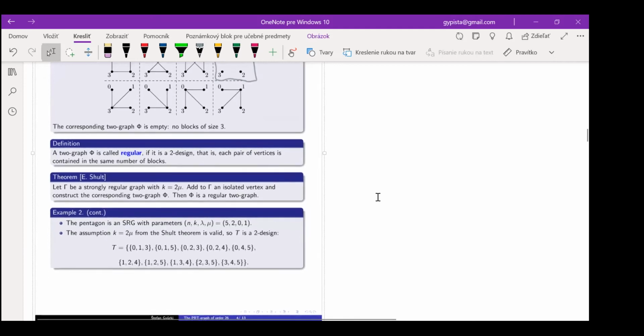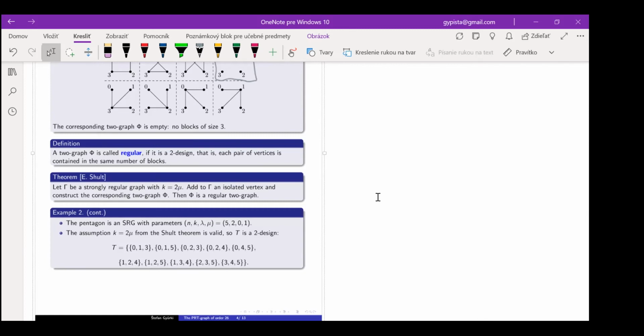And a nice property between two-graphs and strongly regular graphs was found by Seidel. We need a strongly regular graph with a relation between parameters, namely that k is double the parameter mu.